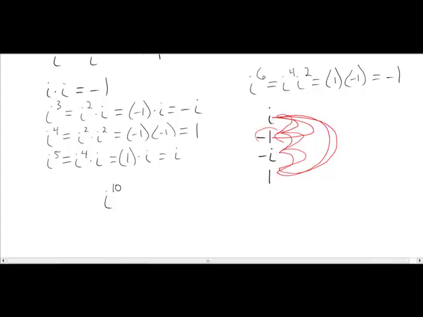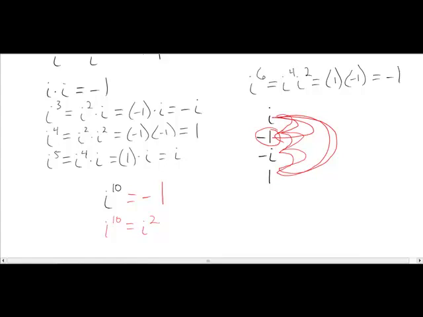So i to the 10th ends up being negative 1. Like I'm saying, all you have to do is divide that exponent by 4. Well, 4 goes into 10 two times, but how many are left over? 2 are left over. So that tells you that i to the 10th is equivalent to i squared.